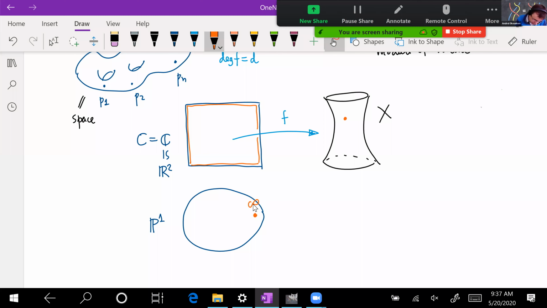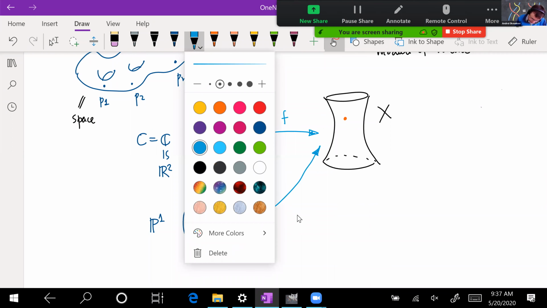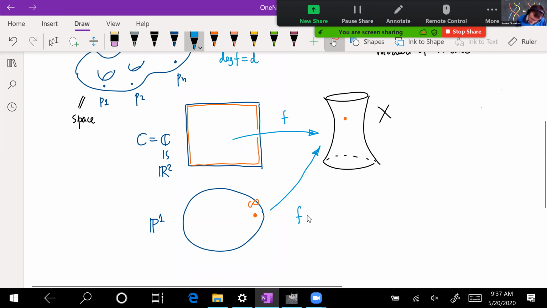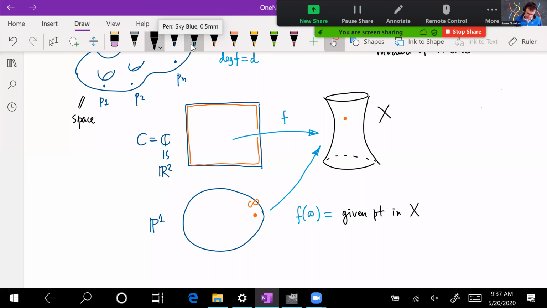And I would like to say that this map f, f of infinity is some given point in X. And moreover, this is not all.